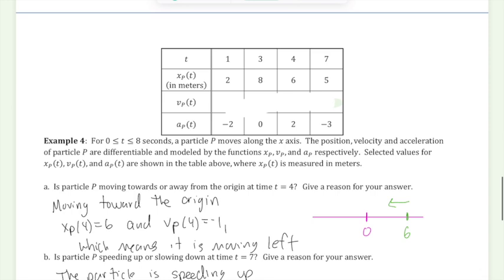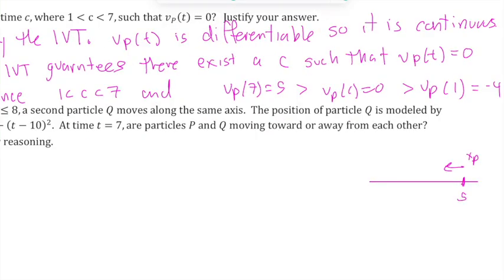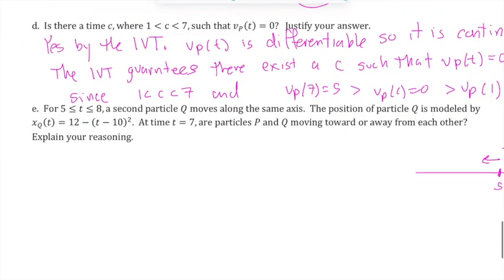At 7, let's see what's going on with this function first. Notice that it starts at 5 and it's moving to the left. Let's state that explicitly in our notes. And again, this is at 7 seconds.